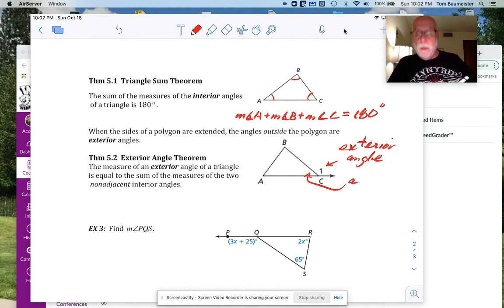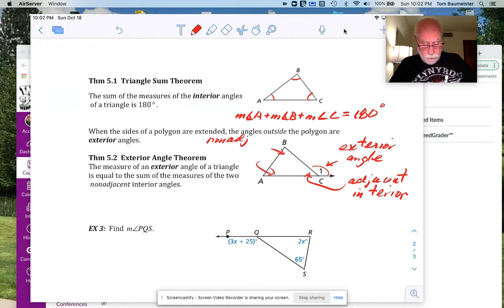We talked about that earlier. So adjacent, and since it's on the inside, it's an adjacent interior. And then this one here, since we're talking about this angle here, these two here, they're not next to it, so they're not adjacent interior angles.